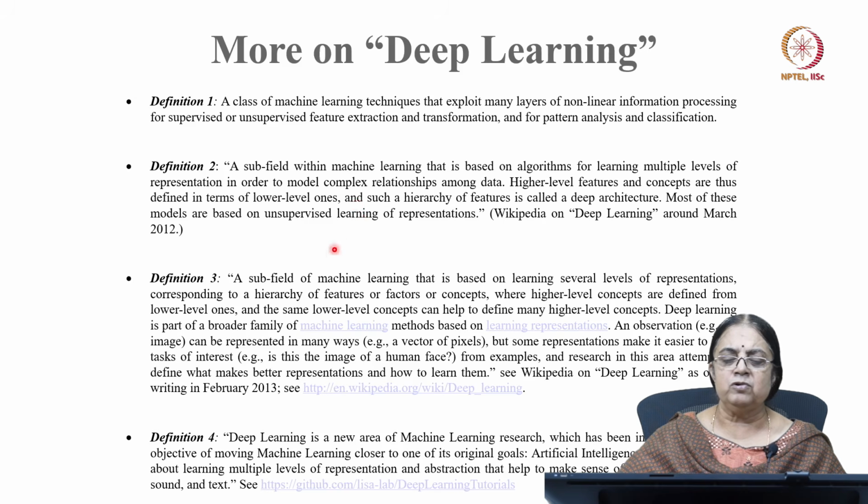Then if you go on to some other definitions, it's a subfield of machine learning based on learning several levels of representation. So you look at it as representation learning, corresponding to a hierarchy of features or factors or concepts, where high level concepts are defined from the lower level ones.